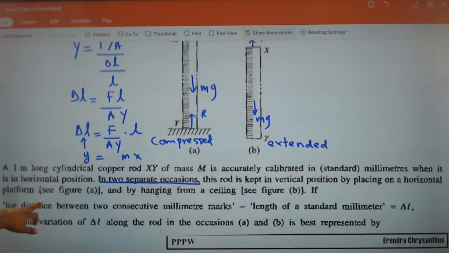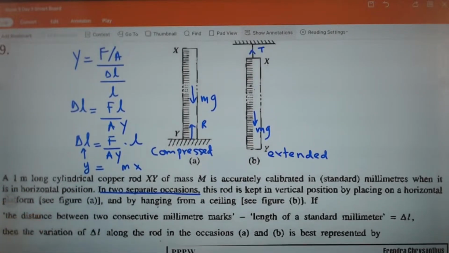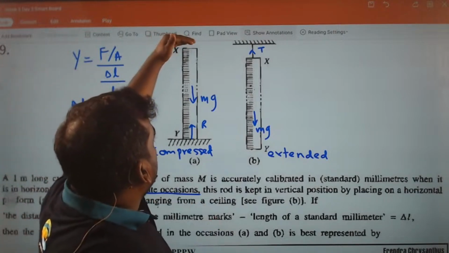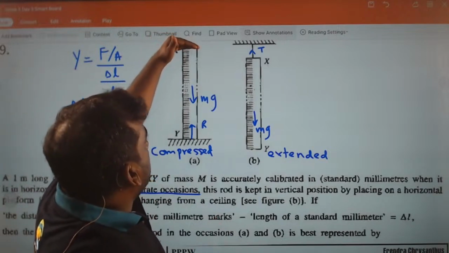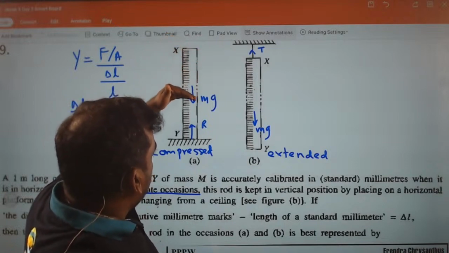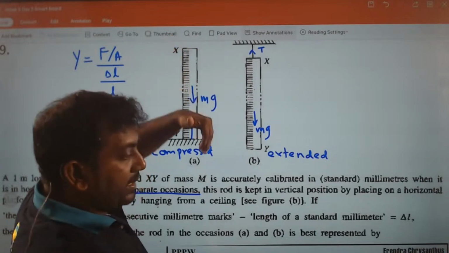The rod is kept in the vertical position by placing it on a horizontal platform. The distance between two consecutive millimeter marks, what happens? Here, as you keep coming down, the load increases.